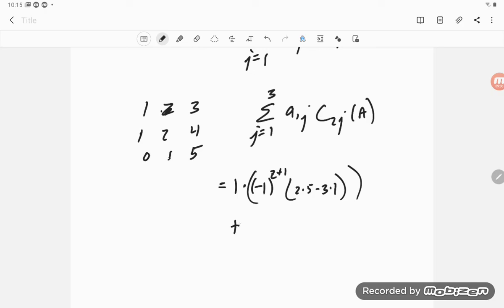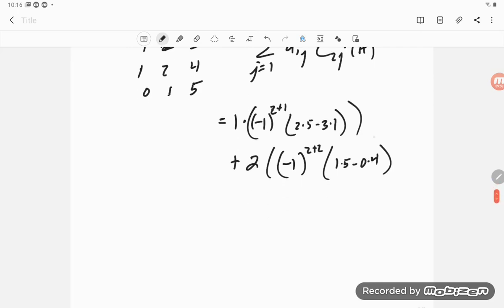Then plus 2 times -1 to the 2 plus 2, and times 1 times 5 minus 0 times 4.